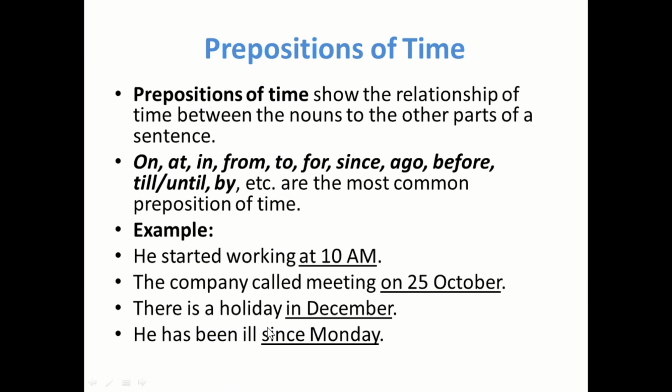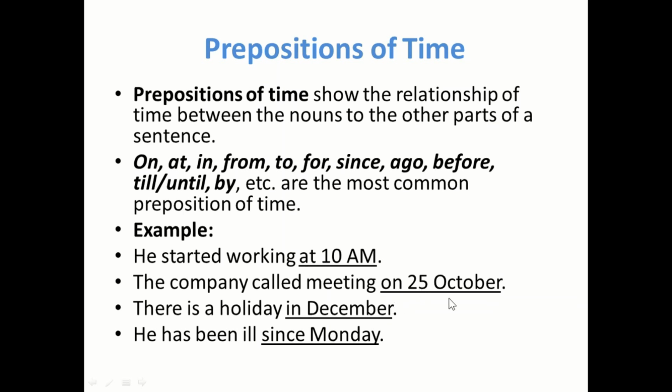There is a holiday in December. He has been ill since Monday. Now here, in all these sentences, at, on, in. Make a triangle. The triangle will show you: first put at at the top, then on in the middle and in at the bottom. So at covers the small area, like a specific time, specific place or date, and then we have on, a little bigger than at.